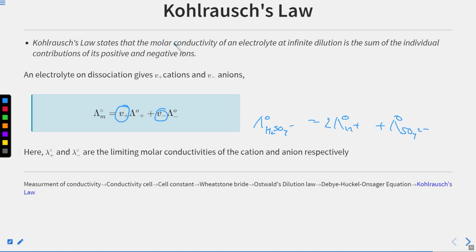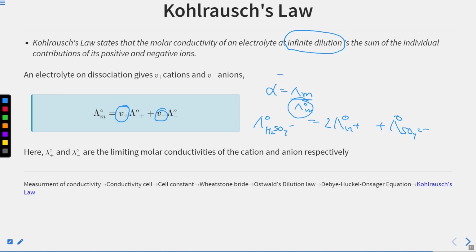And this point is also important, that this electrolyte is present at infinite dilution. So what is infinite dilution? At infinite dilution, we have the maximum value of our molar conductivity. Sometimes a question is linked from this formula.